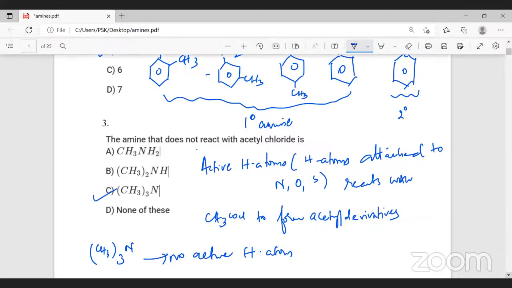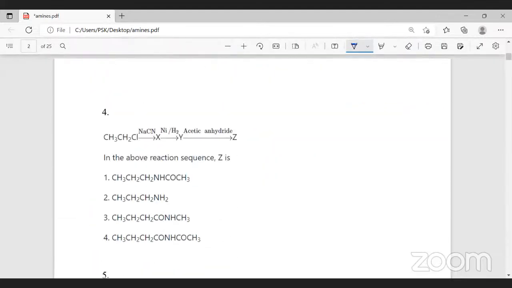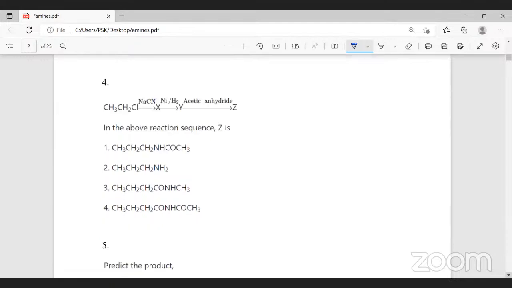The next question. Now, the following reaction: ethyl chloride reacts with hydrogen cyanide. We get X. This X, when you hydrogenate in the presence of nickel, we get a compound Y. And Y, when you treat it with acetic anhydride, the product we get is Z. In the above sequence, what is Z?